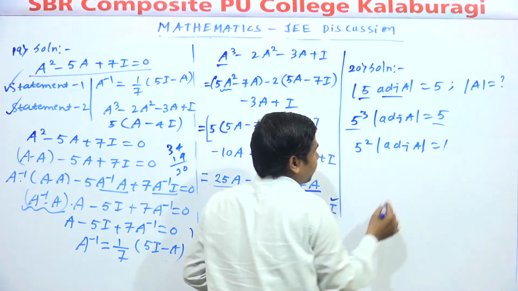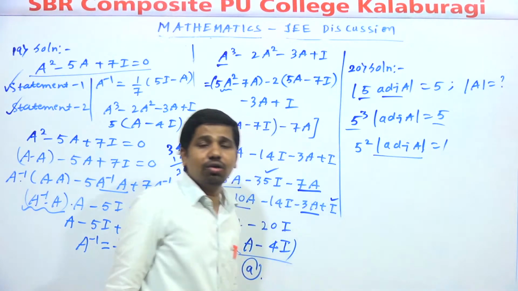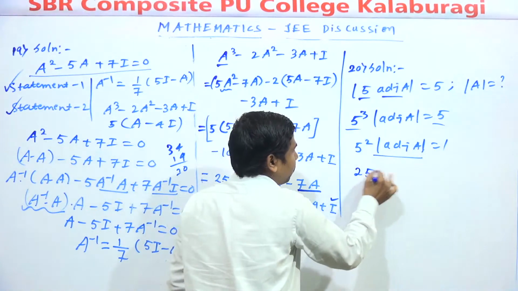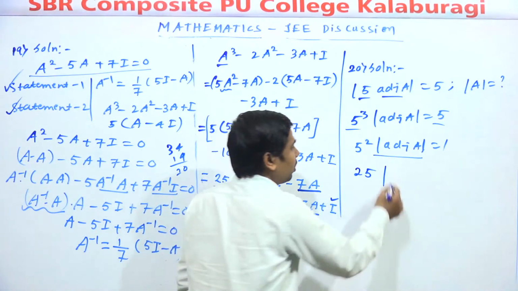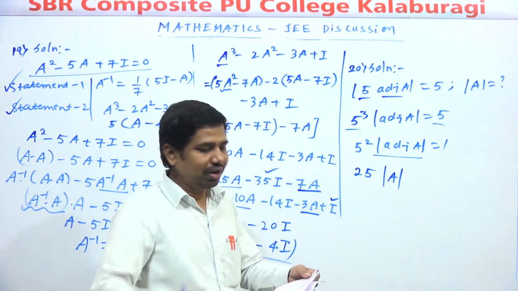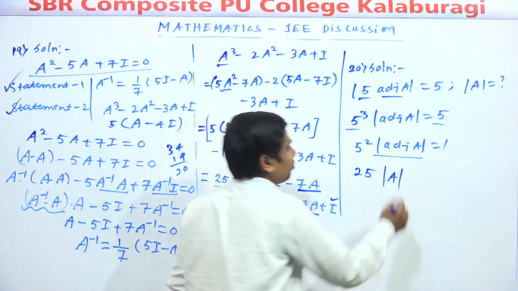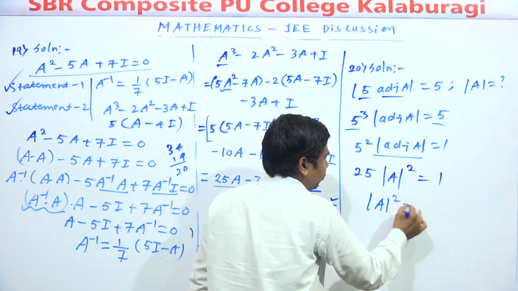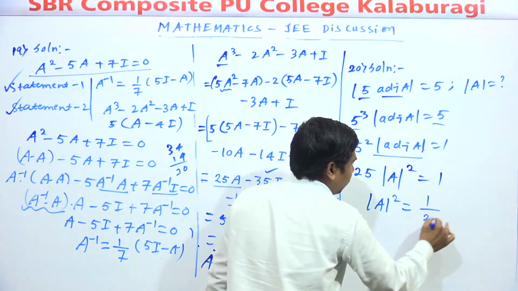But what is determinant of adjoint of A? It is determinant of A to the power n minus 1. 5 squares are 25. What is n? A is a matrix of order 3 by 3, so n minus 1 is 2. So determinant of A squared is equal to 1 by 25.